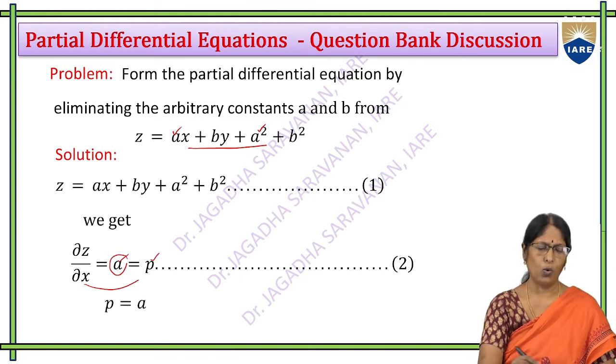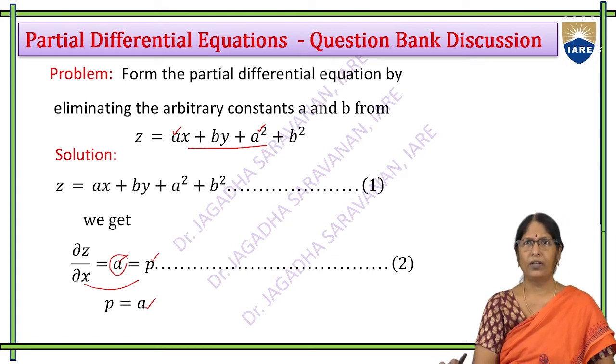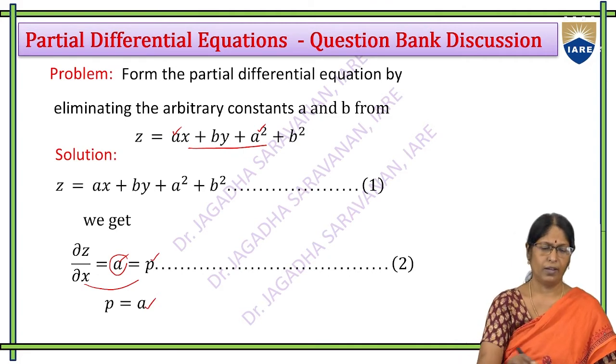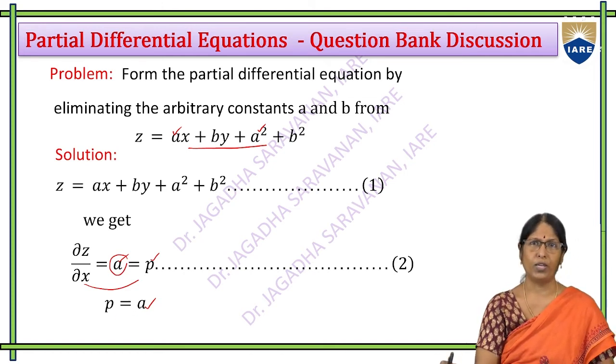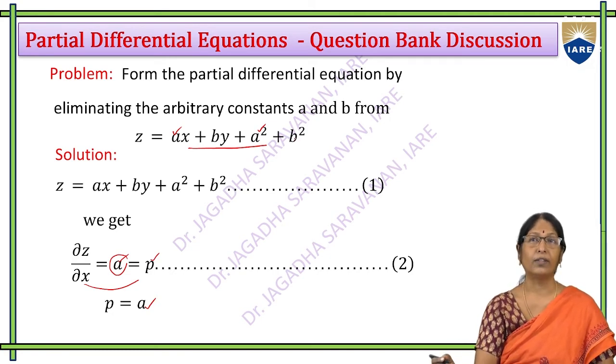The same, p equal to a, we obtained. Now we are understanding better: if we differentiate with respect to x, we obtain p equal to a. Why can't we try with respect to y? Then there will be a possibility of eliminating b. That idea we are getting.